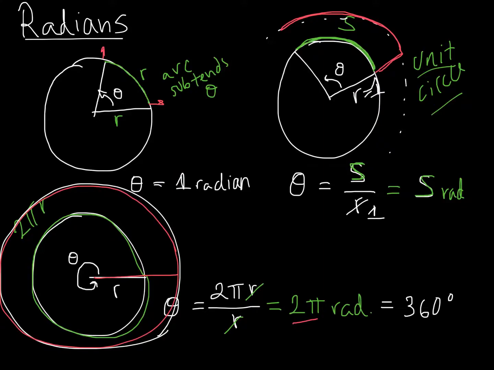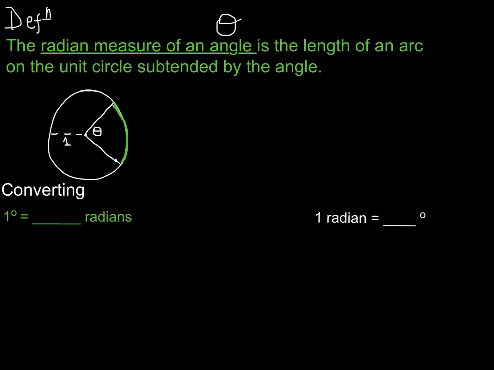So let's take a look at the definition. The radian measure of an angle theta, so for any angle, is the length of an arc, we just talked about that, on a unit circle, meaning that the radius is 1, subtended by the angle. So let's read that one more time. The radian measure of an angle is the length of the arc on the unit circle subtended by the angle.